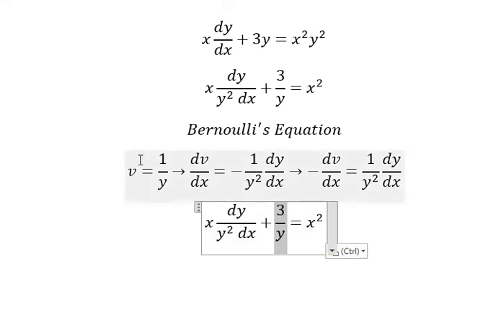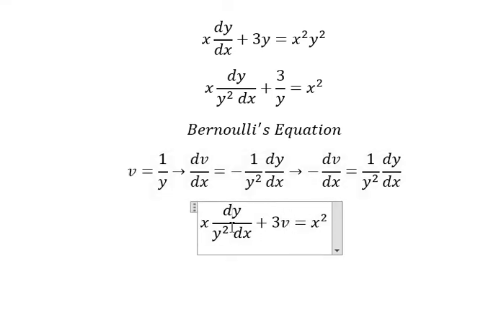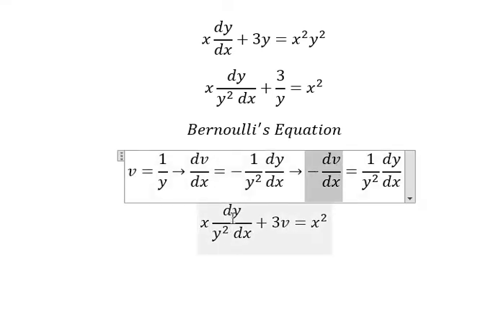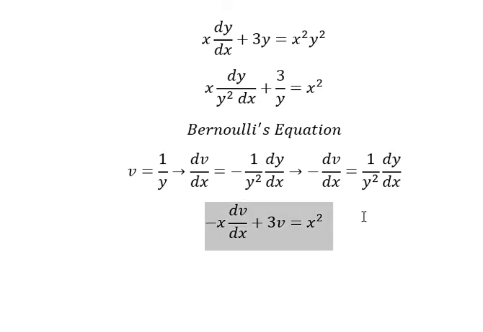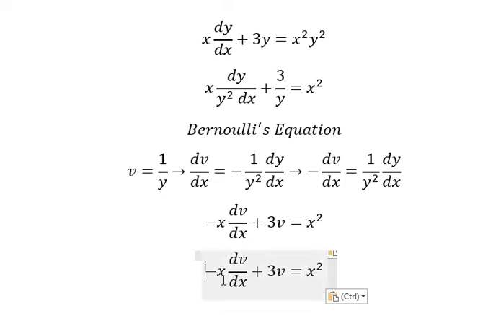This one we change by v. This one we change by this one. Next, we divide both sides by negative s.